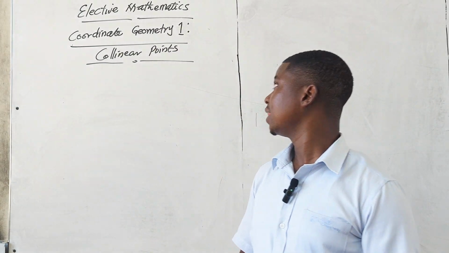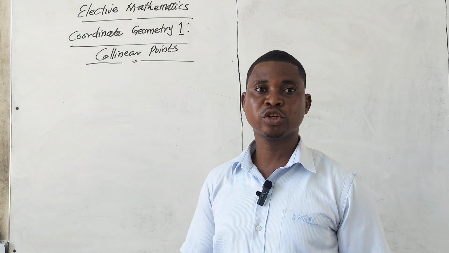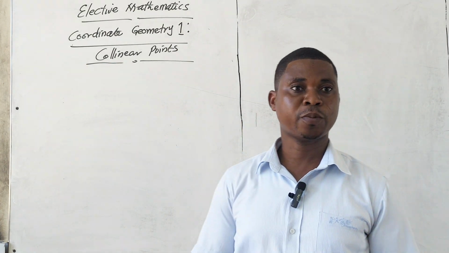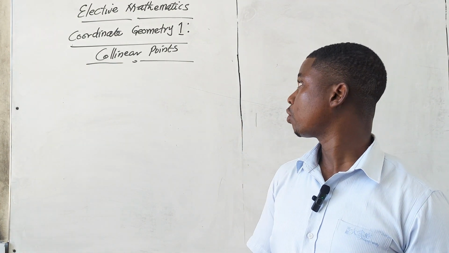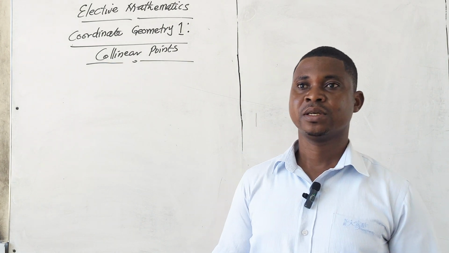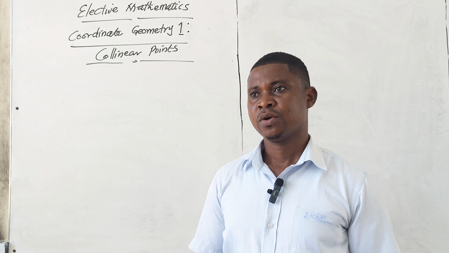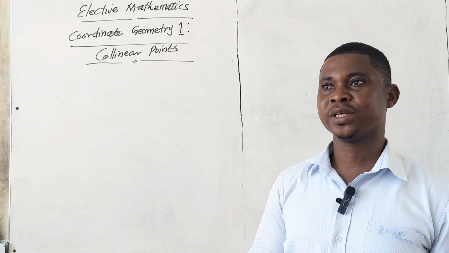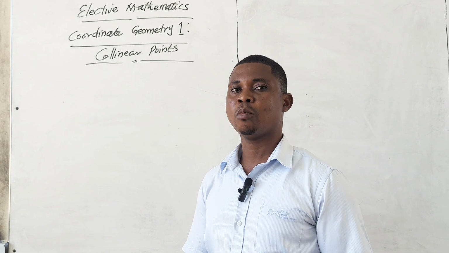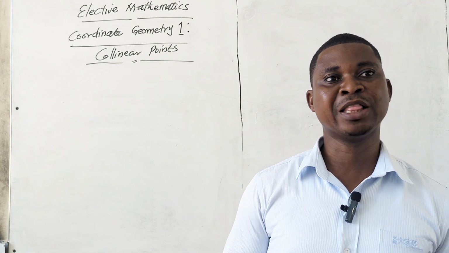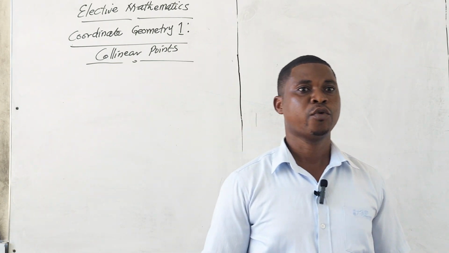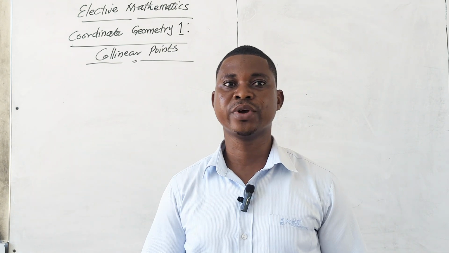Today we are looking at elective maths topic coordinate geometry 1, and the subtopic that we are going to consider is collinear points. When we say collinear points, there are three or more points on a straight line which have a constant gradient.